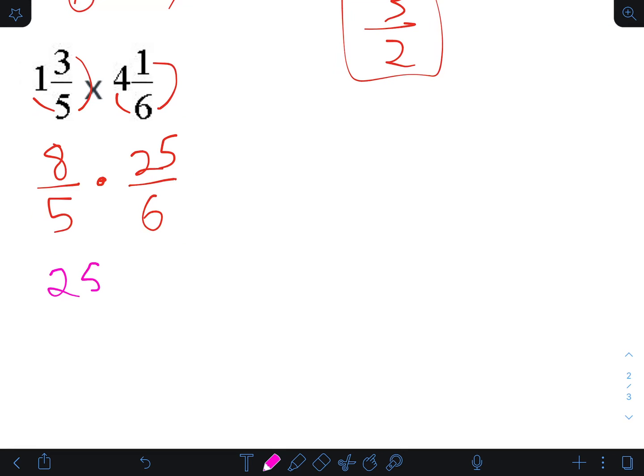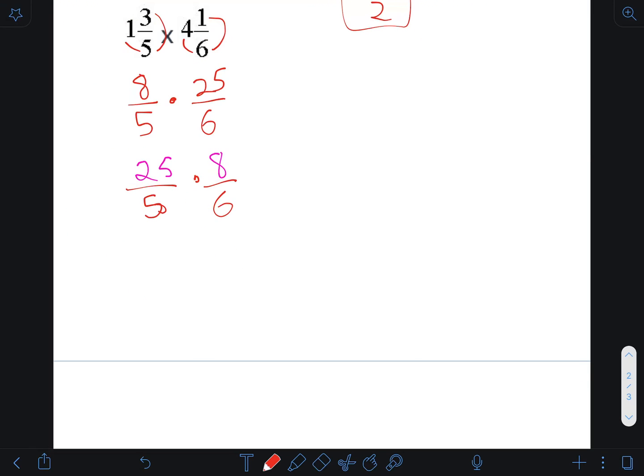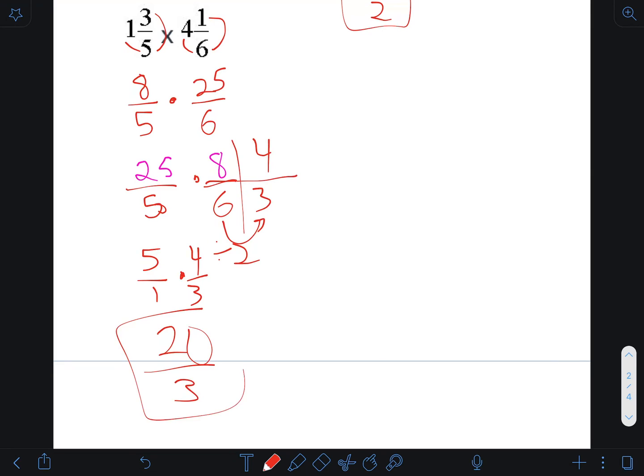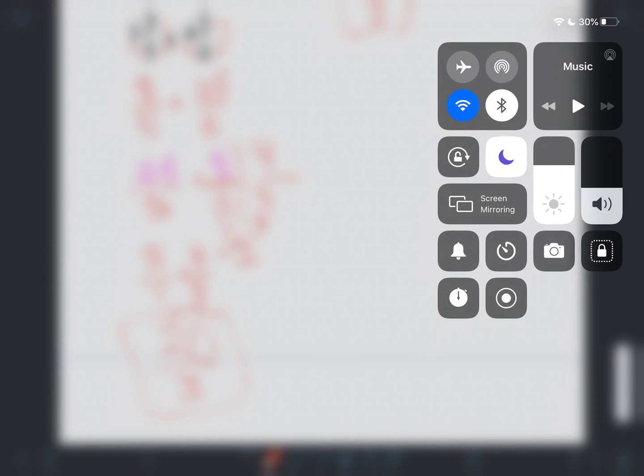Put a 25 over here and an 8 over here. Everything else stays the same. Now, what's 25 divided by 5? 5. Now we have 8/6. You can even extend it from here if you want. Divide by 2, you get 4/3, and I think that's it. 5 times 4 is 20. 1 times 3 is 3. There we go. Reduce first. It'll save you some time.